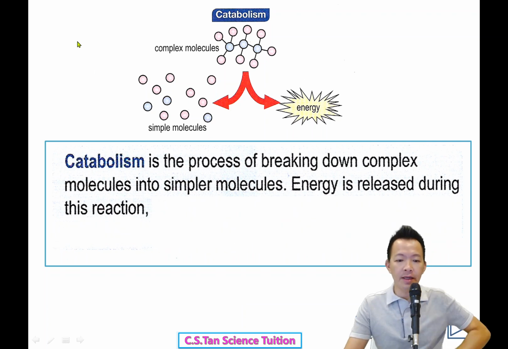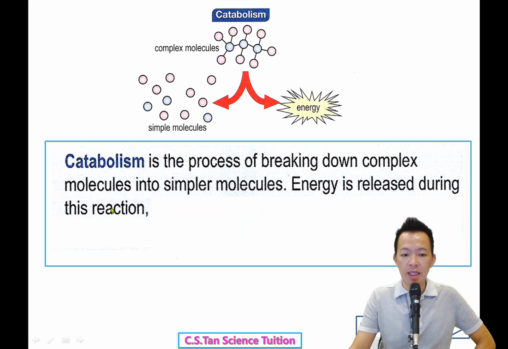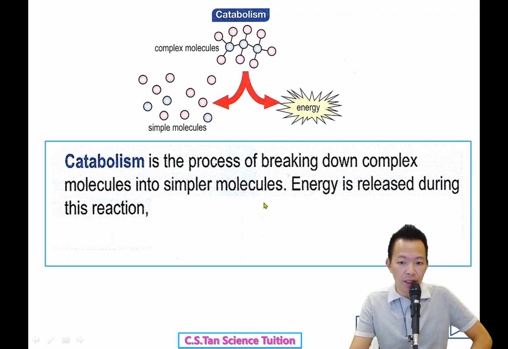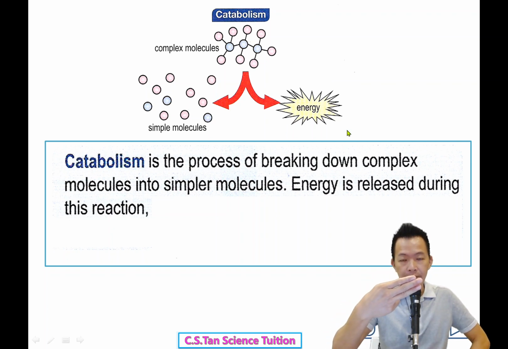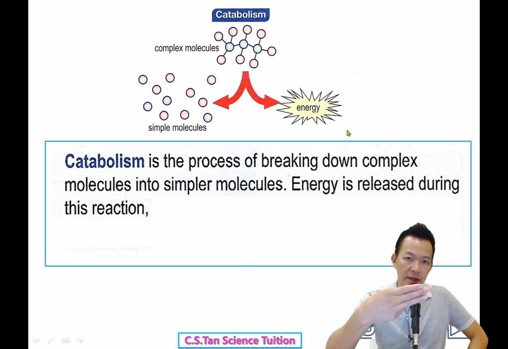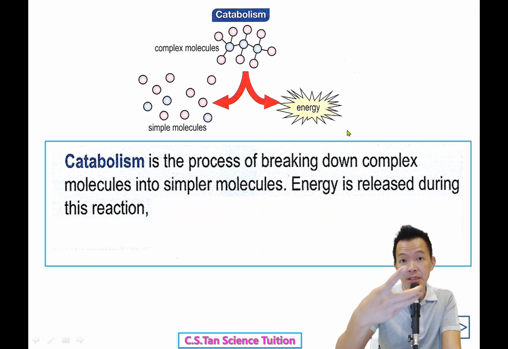Let's say we have glucose and we oxidize it. 我们把碳水化合物解散, and finally it becomes carbon dioxide and water.